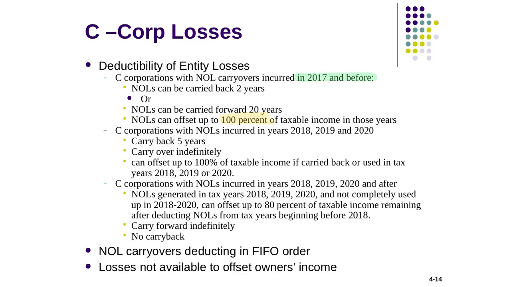If a C corporation has an NOL that was incurred in 2018, 19, or 20, you can carry it back 5 years, or you can carry it over indefinitely.